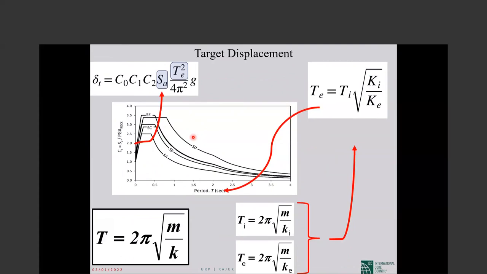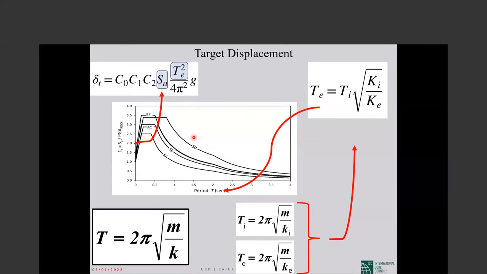Therefore, we need T of the building, the period of the building, at two locations, as shown in the photo.